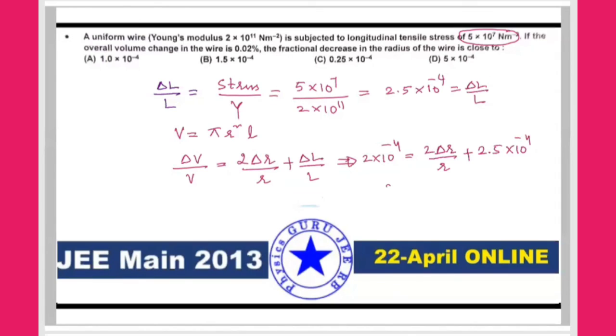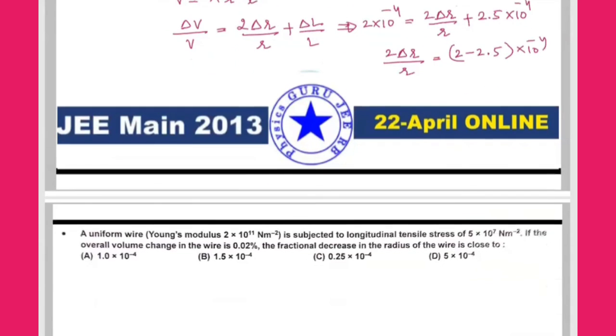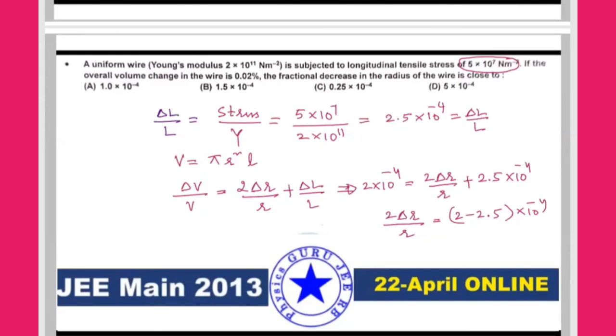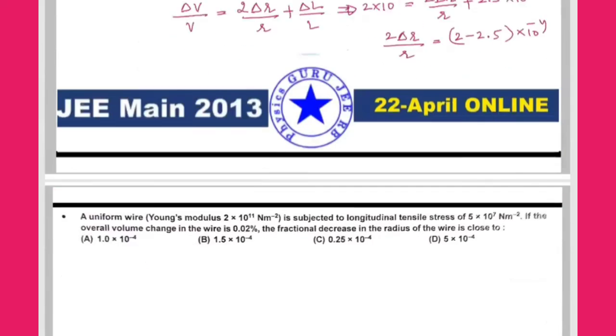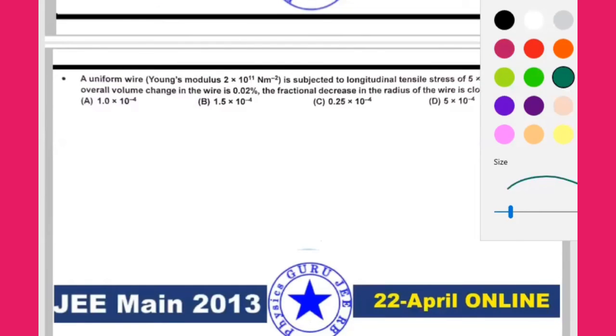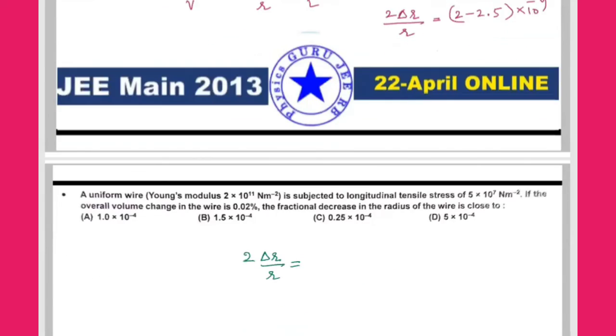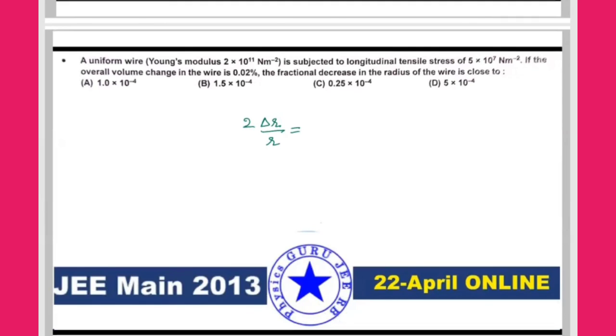So 2 into delta R by R equals 2 minus 2.5 into 10 to the power of minus 4, taking 10 to the power of minus 4 common. So 2 into delta R by R equals 2 minus 2.5, which is minus 0.5 into 10 to the power of minus 4. Hope this is clear.